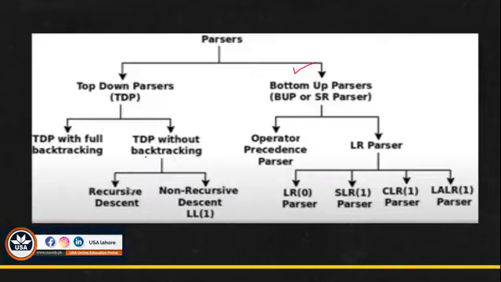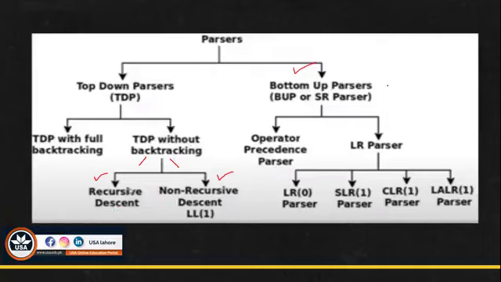Then top-down parser is further subdivided into two subtypes: first, recursive descent parser, and second, non-recursive descent parser. After mid, we discussed what a non-recursive descent parser is and what a recursive descent parser is.